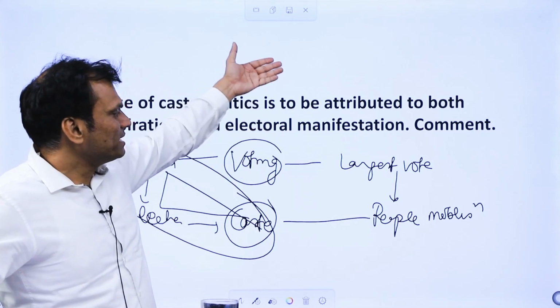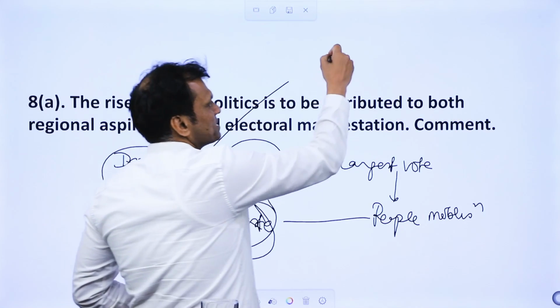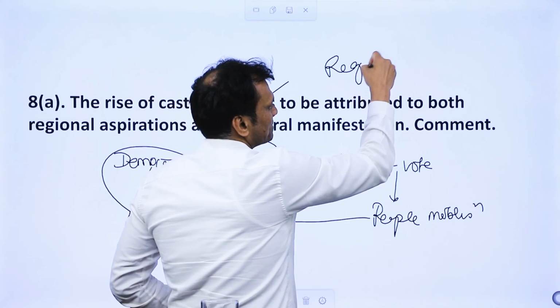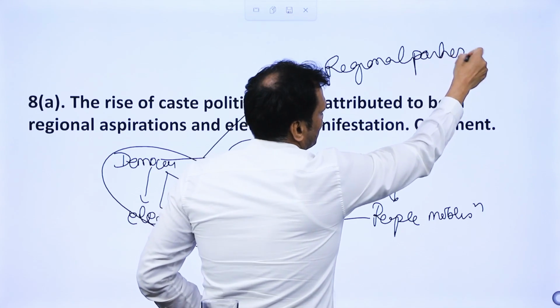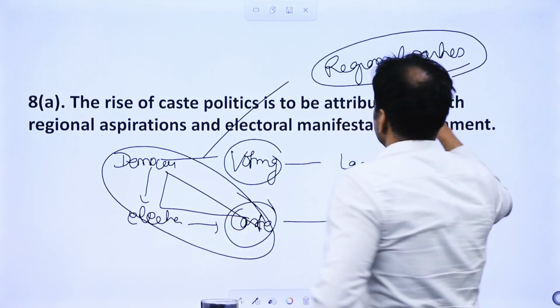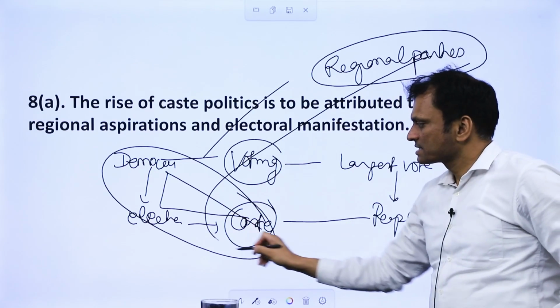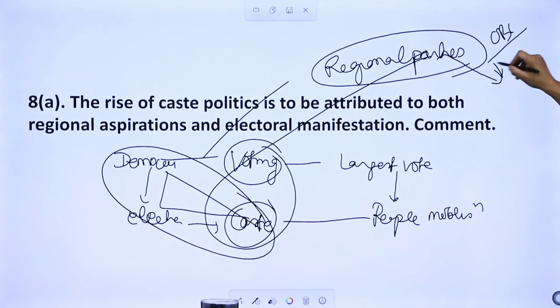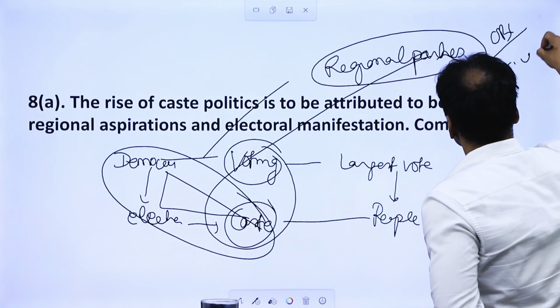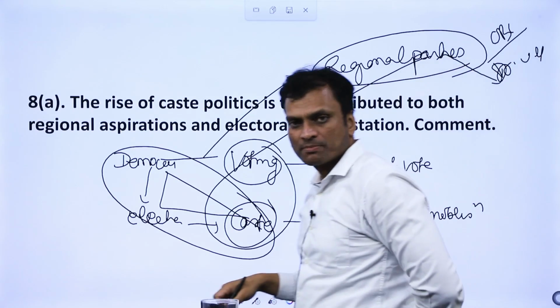Now in regional manifestation, there is the rise of regional parties. Why is the rise of regional parties about caste? Because the rise of regional parties is definitely OBC politics in India or Dravidian politics in South India, and they are all caste based parties.